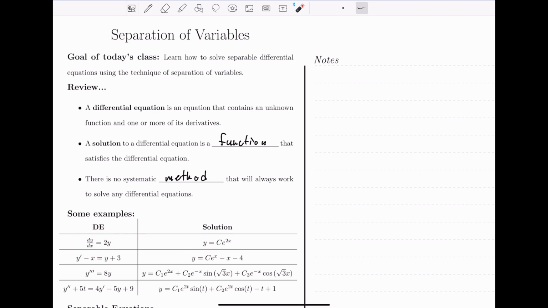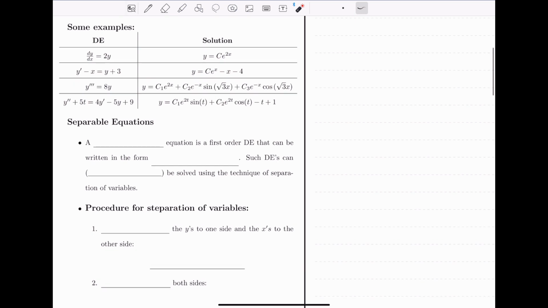So let's talk about the kinds of differential equations that we can solve here. These are called separable equations. A separable equation is a first-order differential equation that can be written in the form dy over dx equals some function of x times some function of y. So this is first order, first of all.